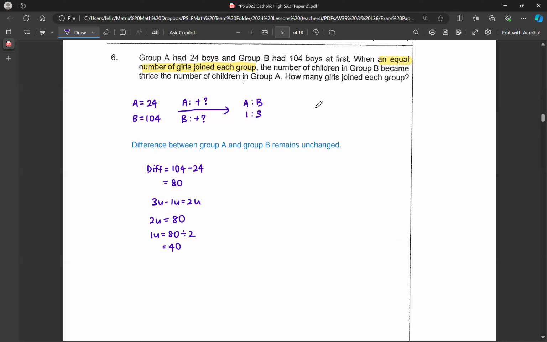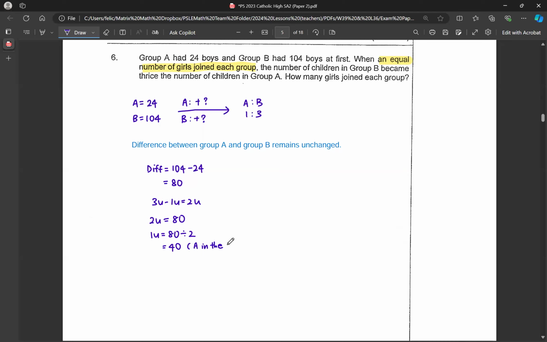Once you have that, you are interested in how many girls join each group. Now, for this, it doesn't matter if you use group A or group B to solve because anyway, same number of girls join group A and B. So you choose you want to work with A or you want to work with B, up to you. I think I'll just work with A. Since I found out 1 unit is 40, that means A here in the end is 40. So you might want to put a note there.